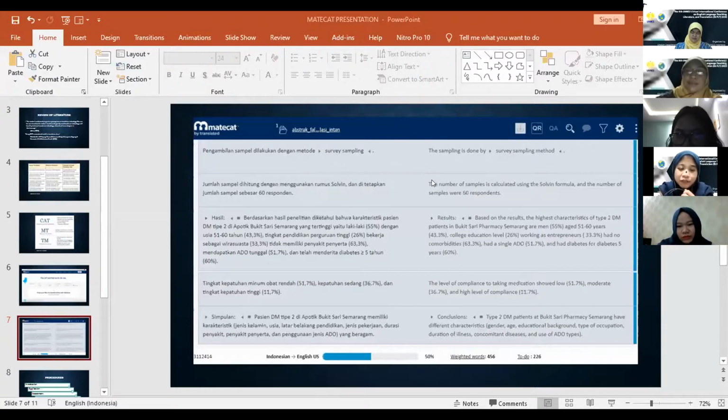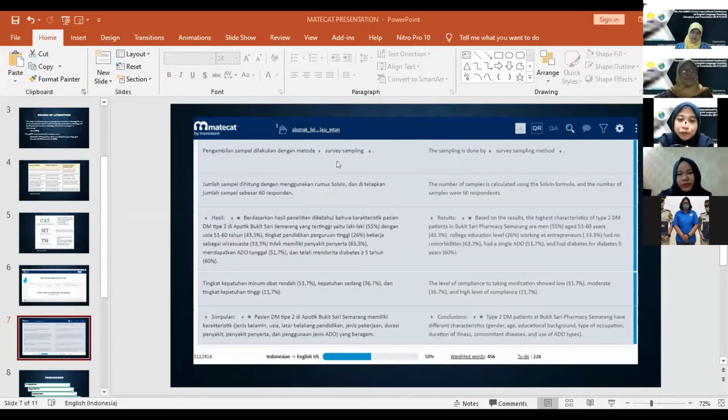and it is easier for them because they don't need to type word per word again, they just need to observe the sentence produced by MathCat. It will be very easy. It will also be very useful for students who usually have a side job as a translator for articles, right?